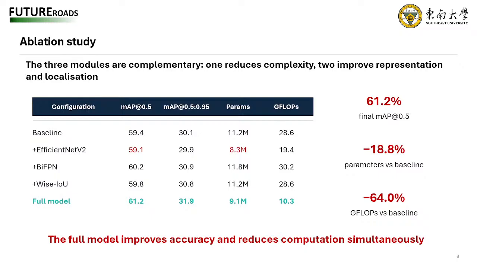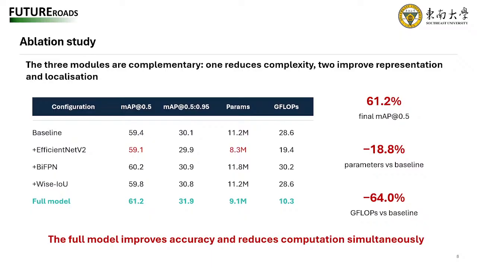We did the ablation study first, and as the results are listed in the table, we can see that EfficientNetV2 contributes most to reducing the number of parameters, and BiFPN improves the accuracy of the detection. After we combine the 3 modules, which are EfficientNetV2, BiFPN, and WiseIoU, we get our full model, which improves the accuracy and reduces computation simultaneously.